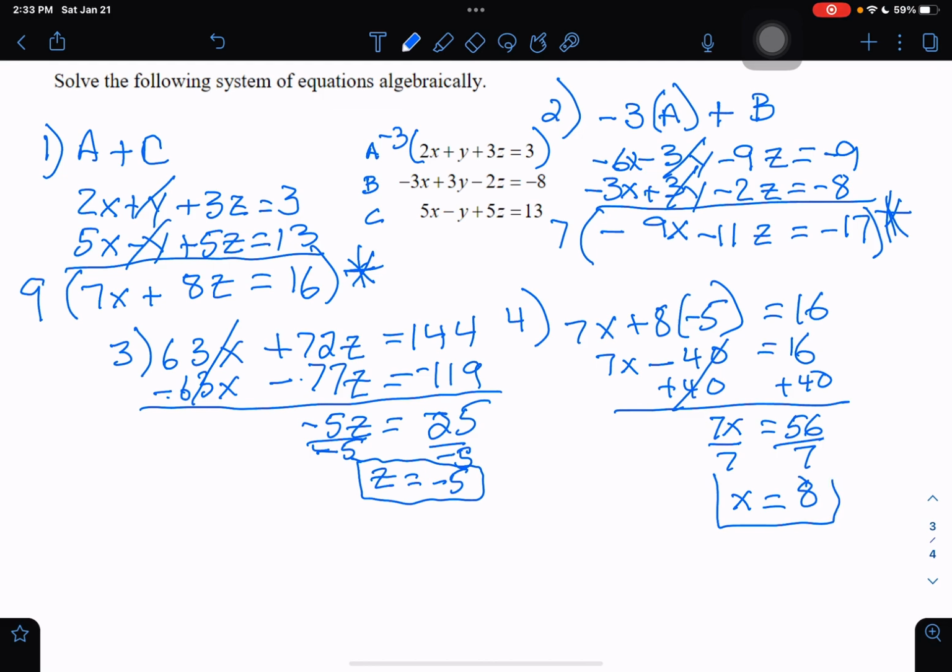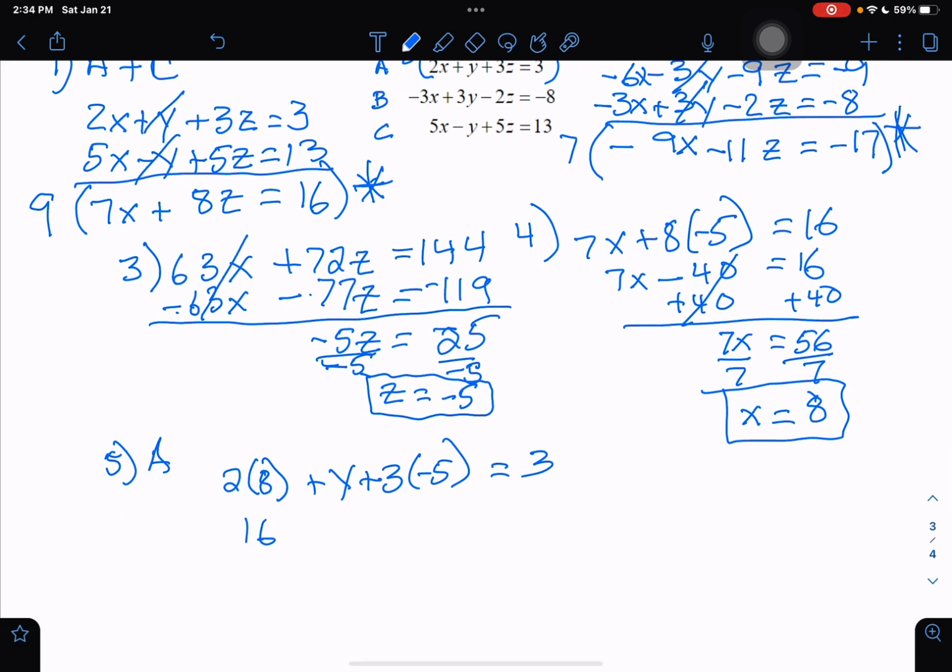All right, so I have two variables. Now I have to go back to one of the original ones. Okay, and I went back to A. So step 5, I'm going to use equation A. And I'm going to put in 2 times 8 plus y plus 3 times 5, which is z, is equal to 3. And this becomes 16 plus y minus 15 is equal to 3.